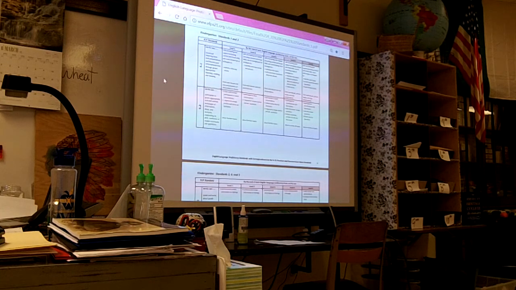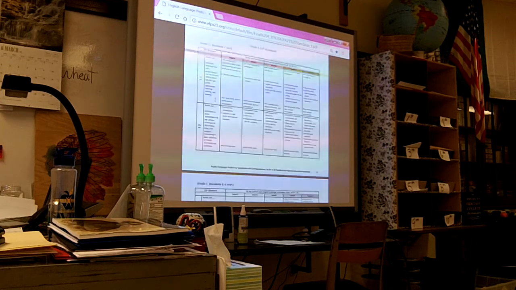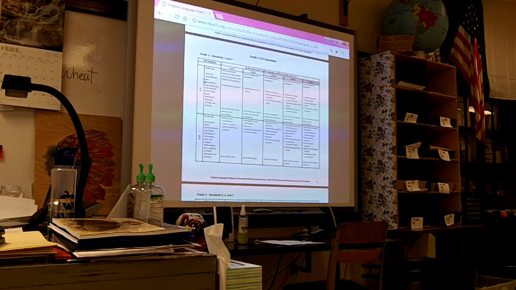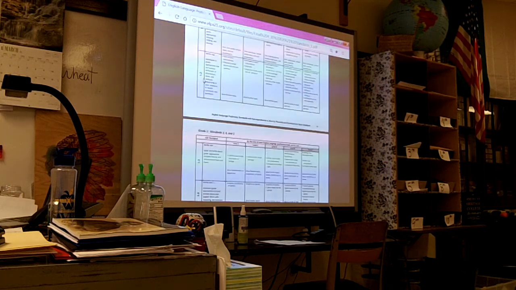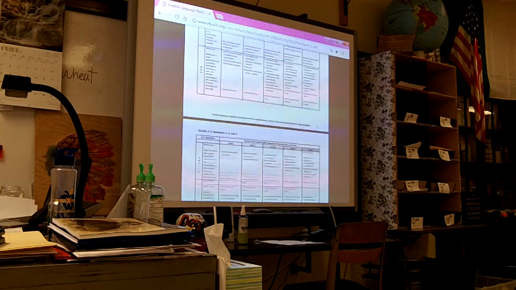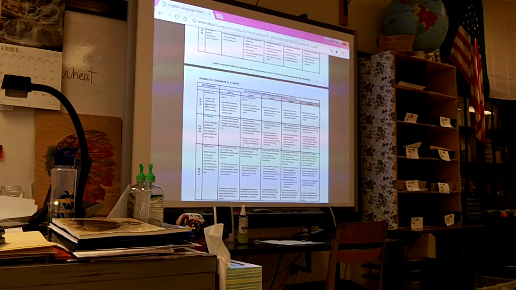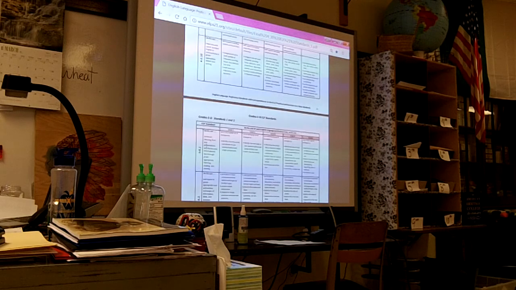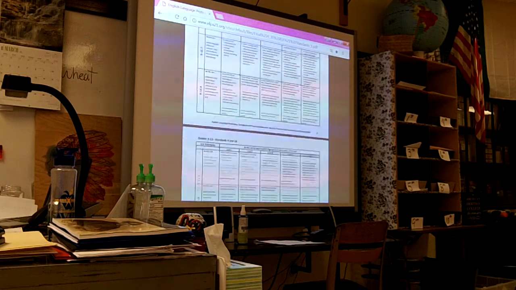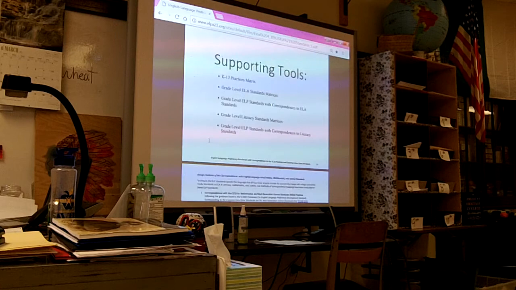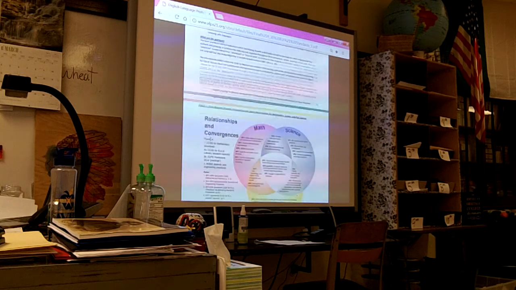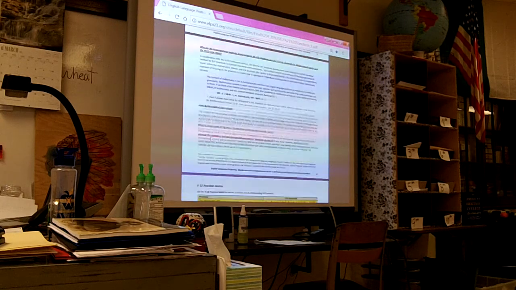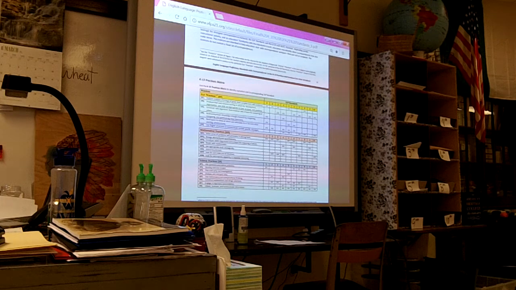So wherever you are, there's always the 10 standards. So you've got your kindergarten 1 through 10, first, second, and then they break down into some more specific as you get higher. Okay. I've got the practice matrix, and that's what these are.